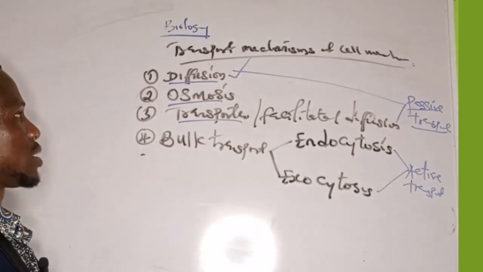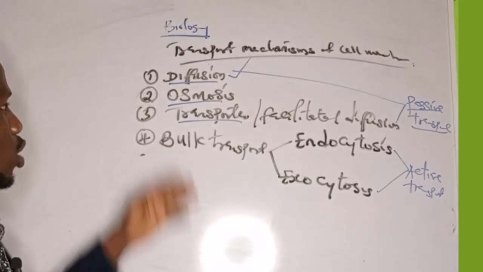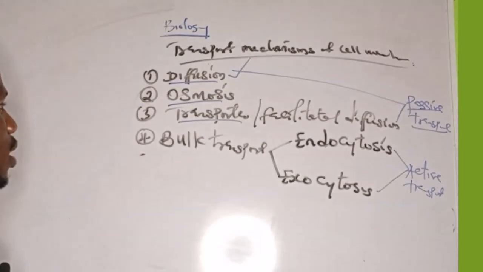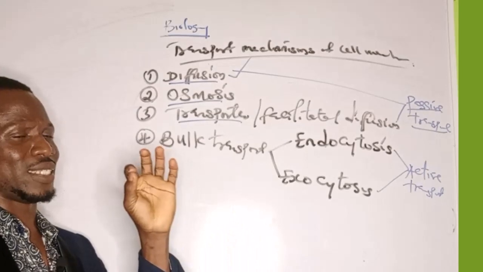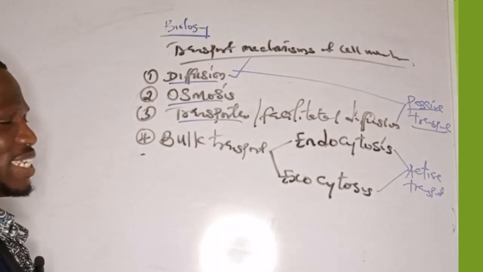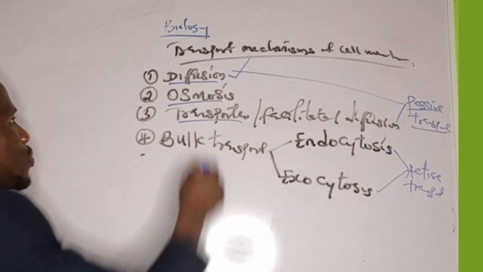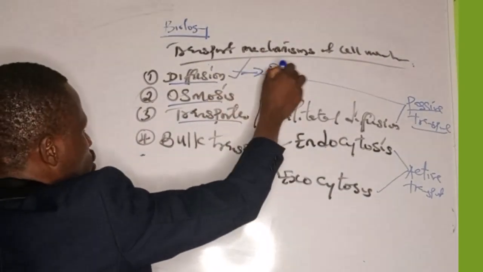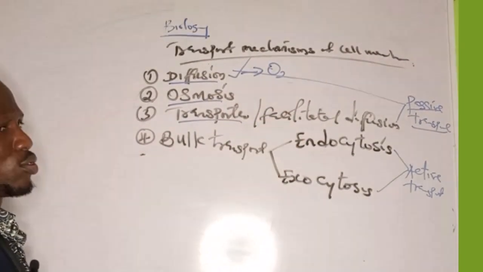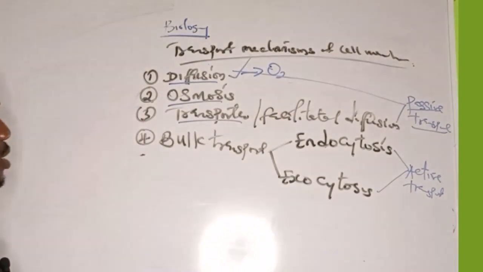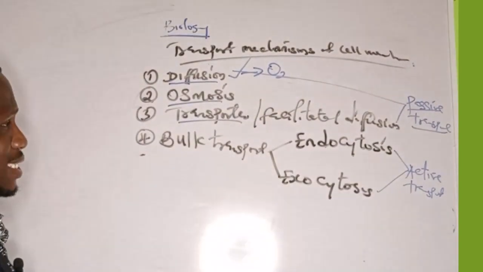The transporter system is still diffusion of molecules, but it requires an aid that will help the molecules to diffuse. Remember, gases like oxygen can undergo diffusion across the cell membranes, and some other gases as well.